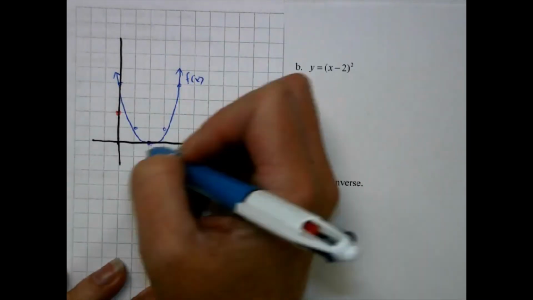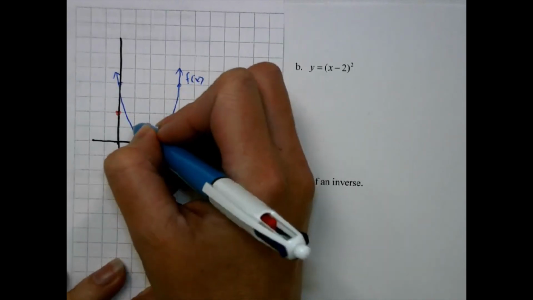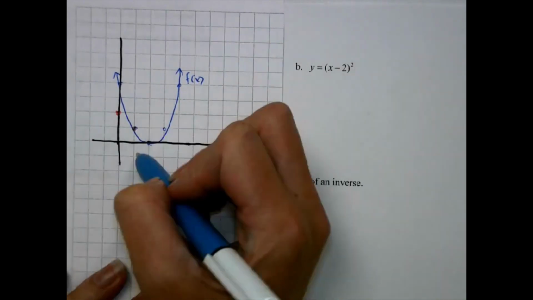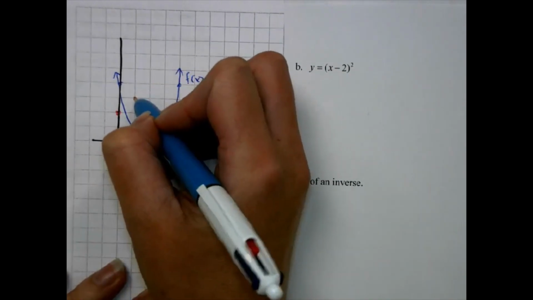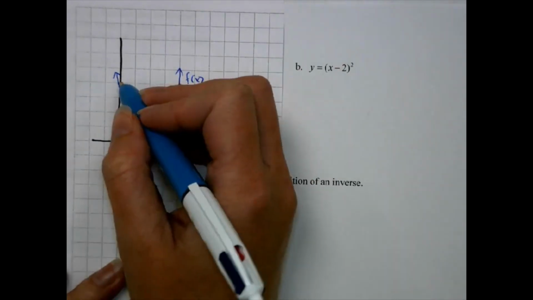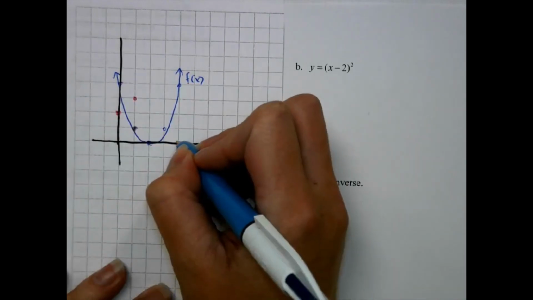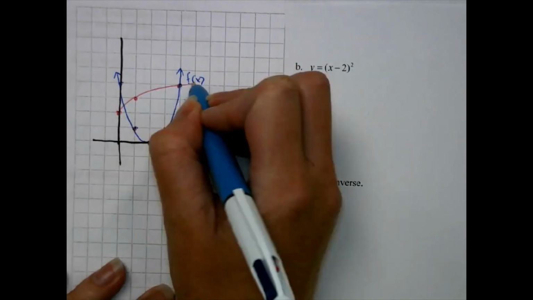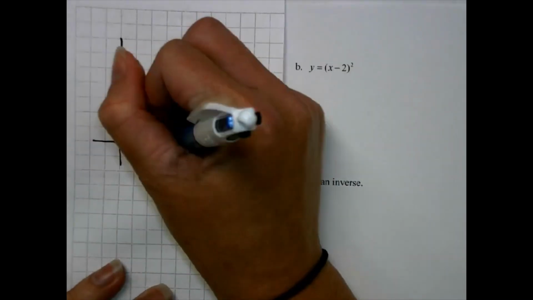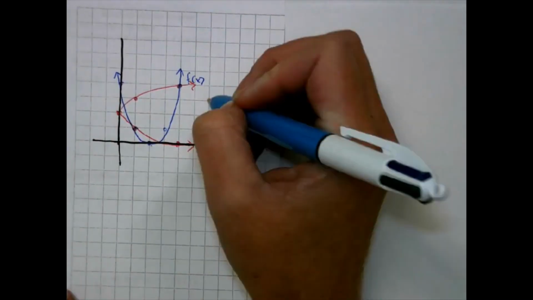Instead of being at 1, 1, we're still going to be at 1, 1. And instead of being at 3, 1, we're going to be at 1, 3. 0, 4 is going to be at 4, 0. And then there's going to be one at 4, 4. Okay, so there is our inverse.